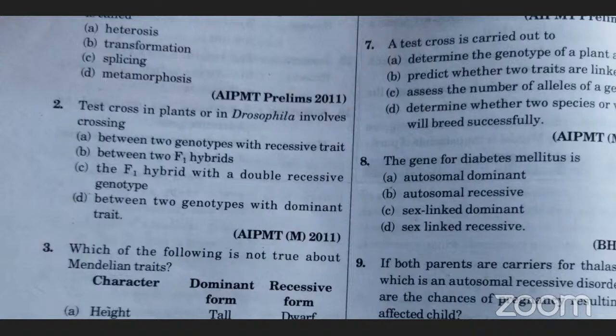So I will give the explanation. In a test cross, F1 individuals showing the dominant phenotype are crossed with the homozygous recessive parent.